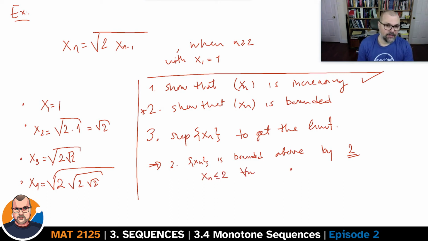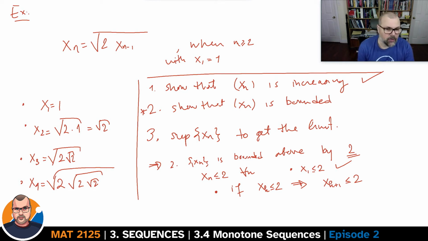As a base case, is it indeed the case that x1 is smaller than 2? Yeah, because x1 is equal to 2. And now what we want to show, the induction step: if xk is smaller than or equal to 2, can I show that xk plus 1 must be smaller than or equal to 2? That's pretty easy.